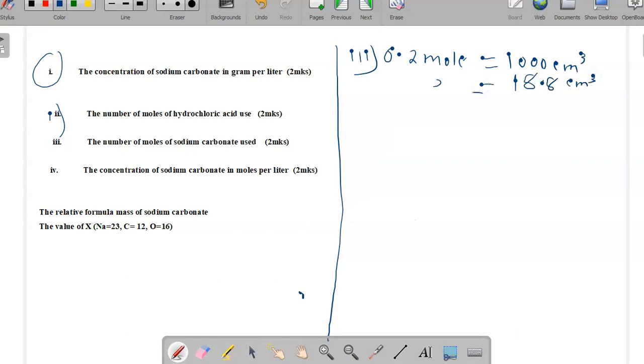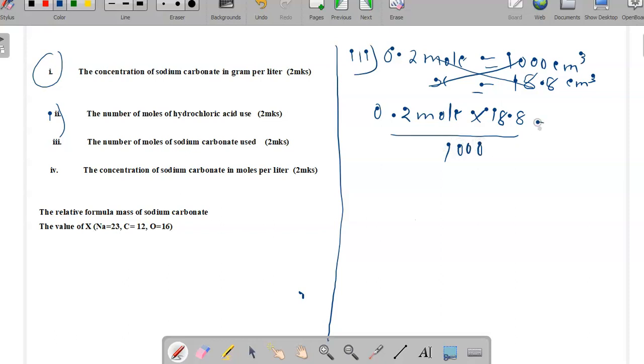How much will it be equal to? Because they are asking the number of moles used. To get the number of moles used, molarity is equal to 1000, volume used, which is 18.8, the average volume. So 0.2 moles multiplied by 18.8 all over 1000.